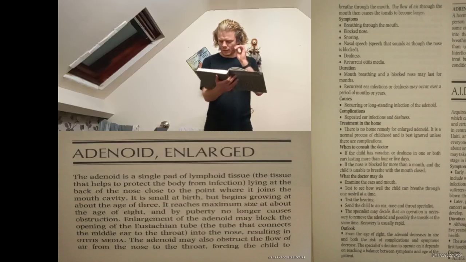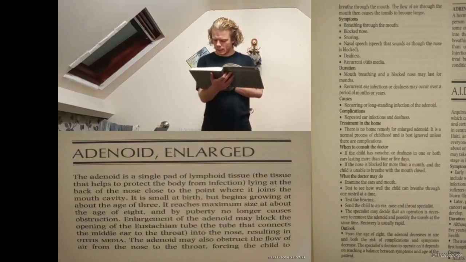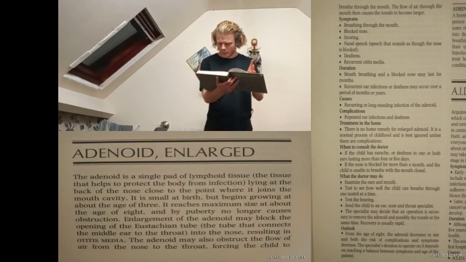Lymphoid tissue at the back of the nose, close to the mouth cavity. Small at birth, but begins growing at the age of 3. It reaches maximum at the age of 8, and by puberty no longer causes obstruction.